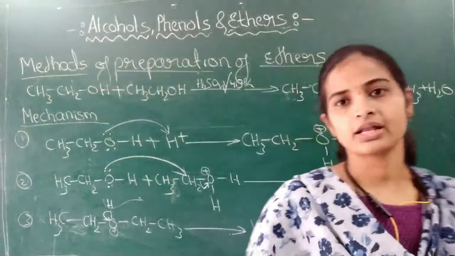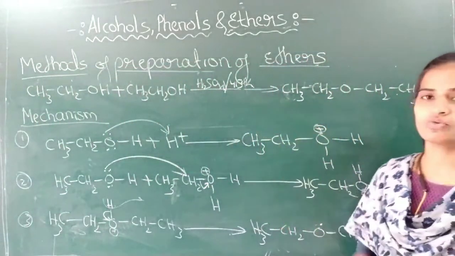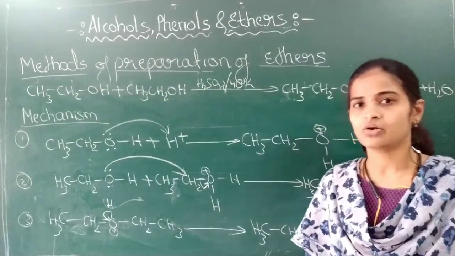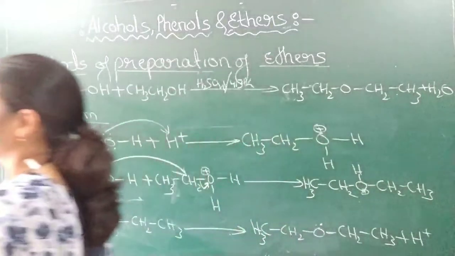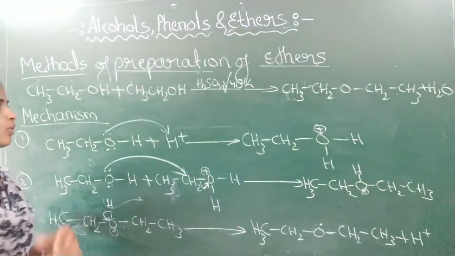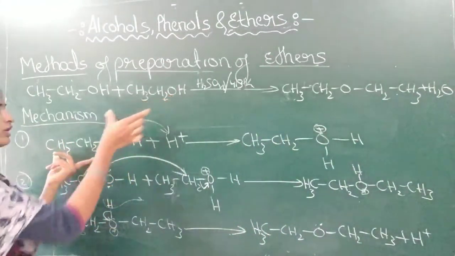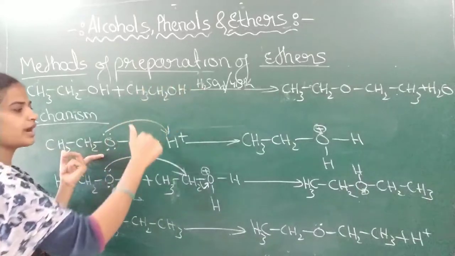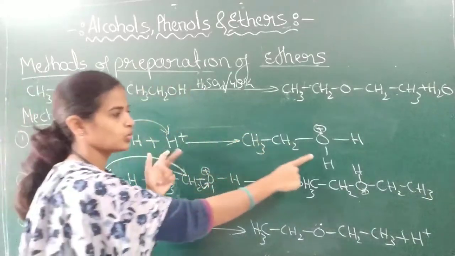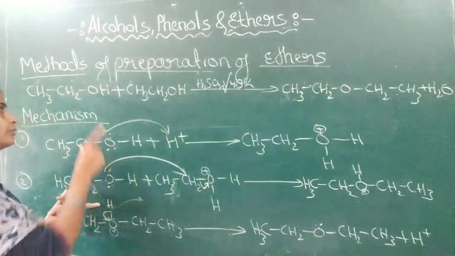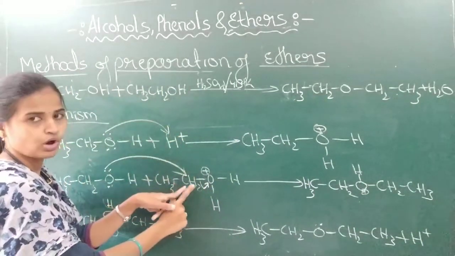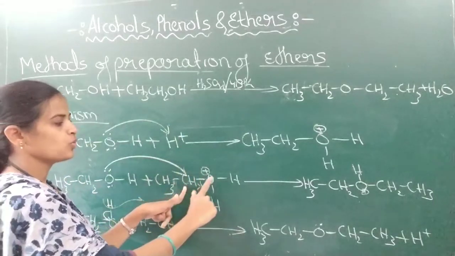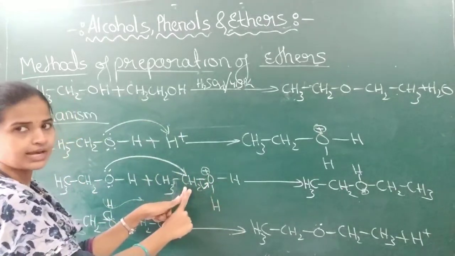Therefore, we call H2SO4 a dehydrating reagent or catalyst in this reaction. Got it? This is how the formation of ether takes place from the alcohol. First, one alcohol molecule was attacked by the proton to form a protonated alcohol. In the second step, one more alcohol molecule attacks the carbon atom to which OH is attached.